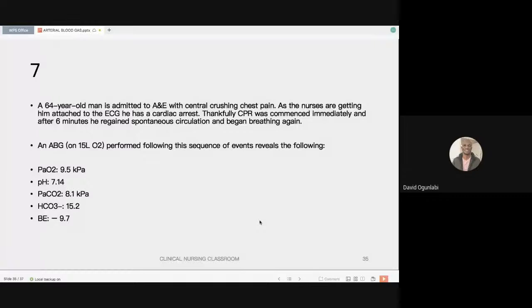So is Risikat there? Is Risikat there? Risikat.